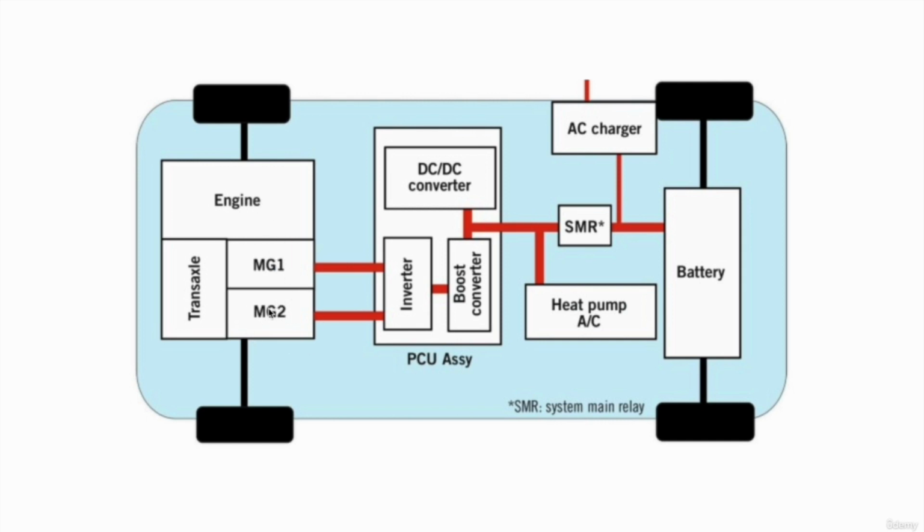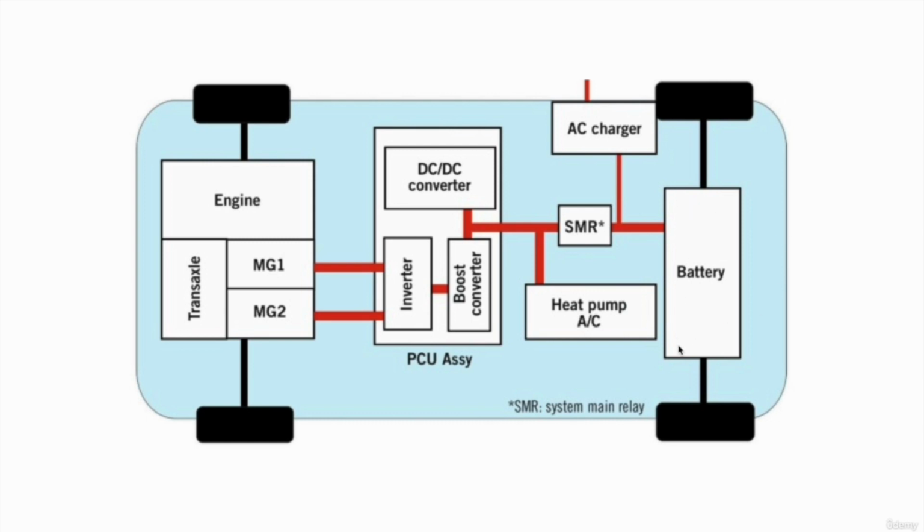Then we have MG2, which is your electric motor, which helps to drive the wheels with the engine. These two are connected. Next we have the inverter, then the boost converter, and then the DC-DC converter, and these are all known as the PCU. PCU means power control unit.